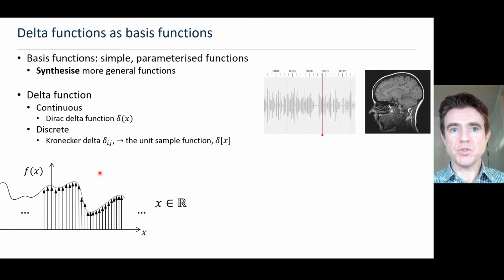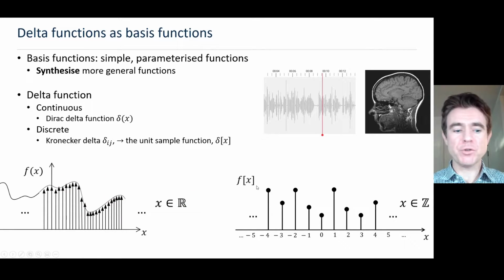So that's for the continuous case. And for the discrete case, it'd be very similar, except of course I've now got those square brackets. So I've now got an integer value for the independent variable x, and here we've just got a sequence now of samples, if you like, for a discrete function, such as, for example, an audio waveform.